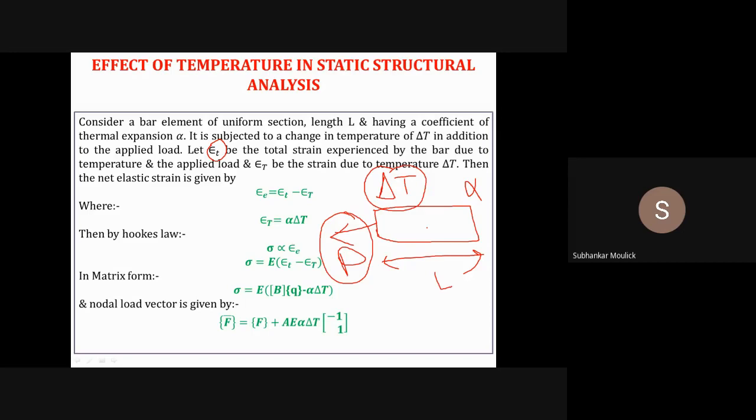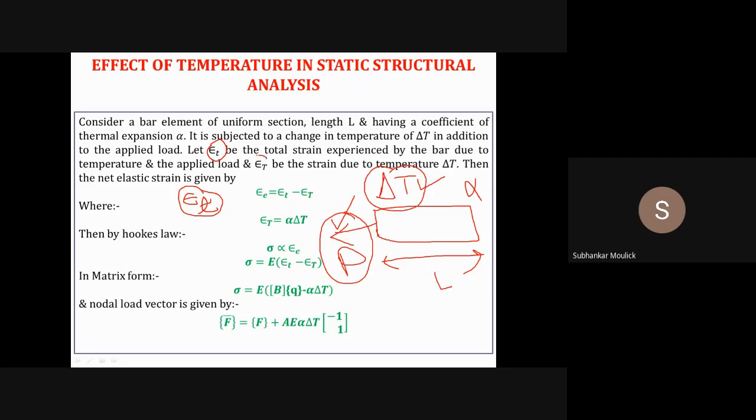That is denoted by the symbol epsilon t, the total strain generated in this bar due to the static structural load P and the change in temperature delta T.